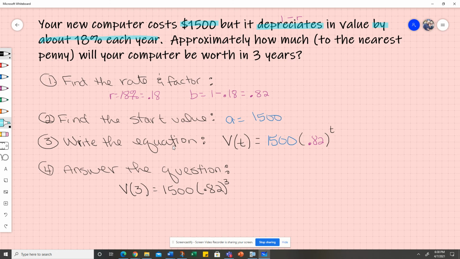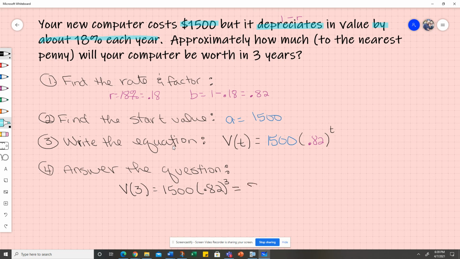So when we do 1,500 times 0.82 to the third power, we're going to get $827.05. Okay.